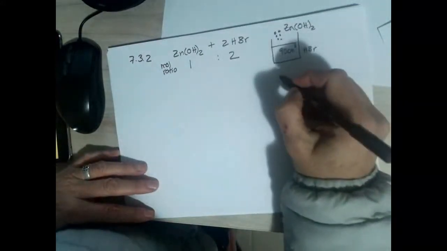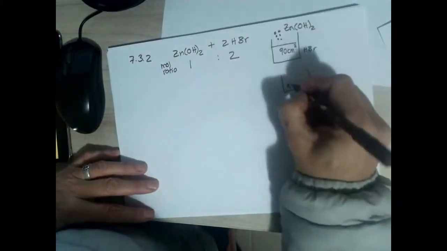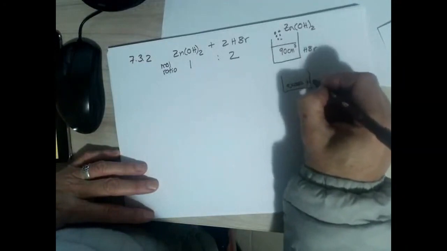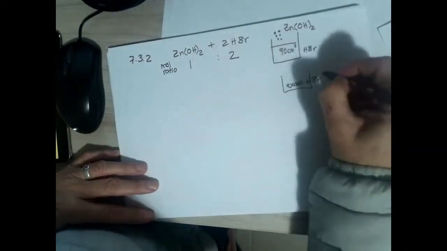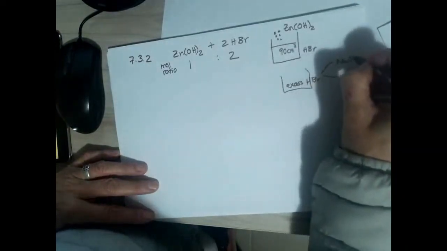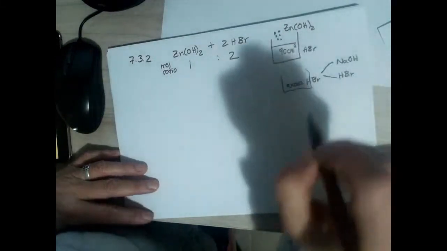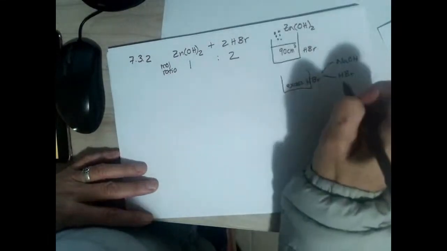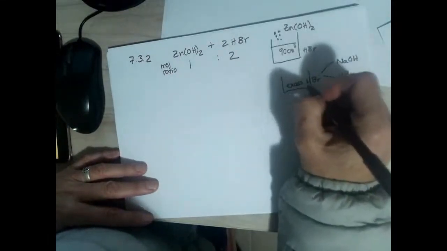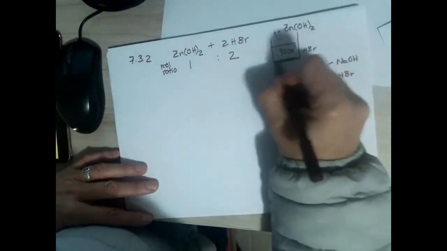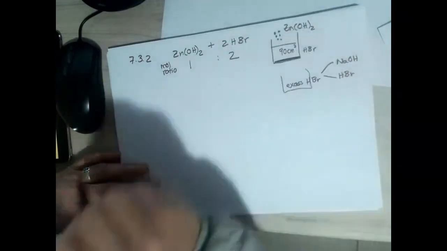I ended up with a mixture that had an excess of HBr in it. I titrated that against sodium hydroxide. And I figured out how many moles of HBr I had in excess when this reaction had finished. Okay.